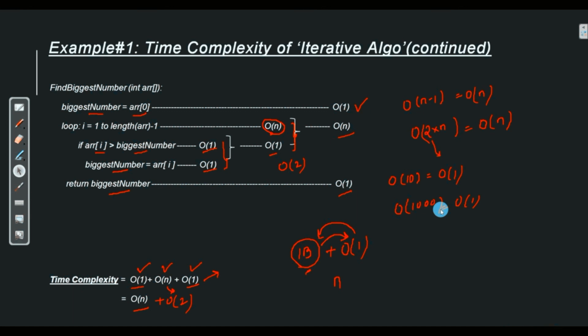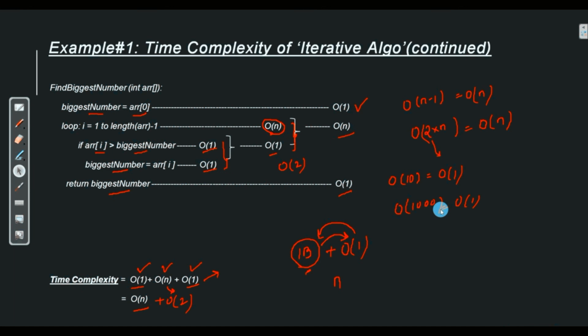So what we have done is, all the operations which were constant operations, we have put as order of 1. And wherever we have a loop, depending on how many times the loop will be running, we have put over there the appropriate complexity, which is order of n in this case.